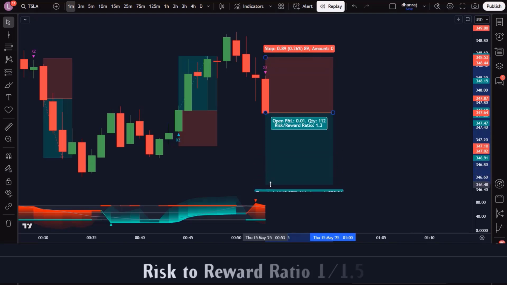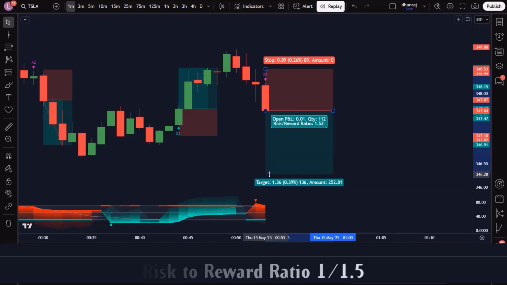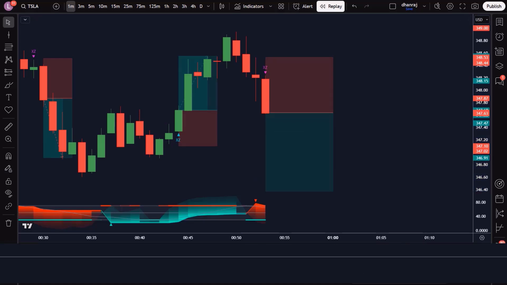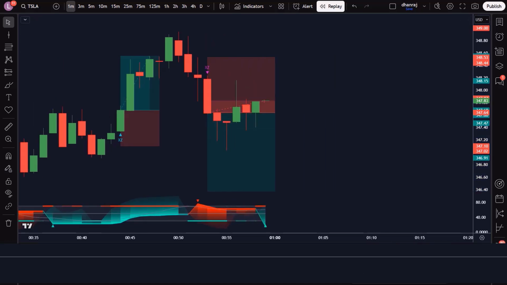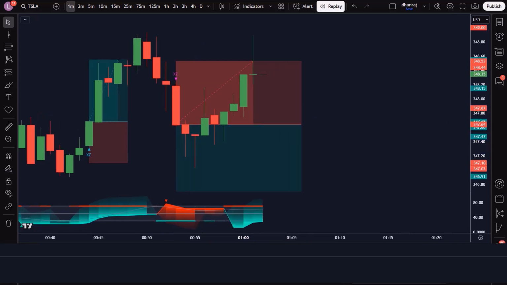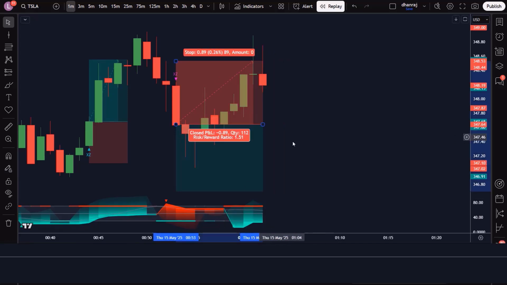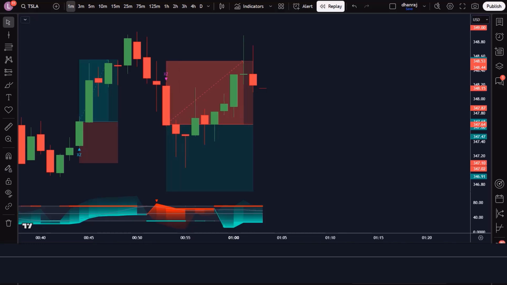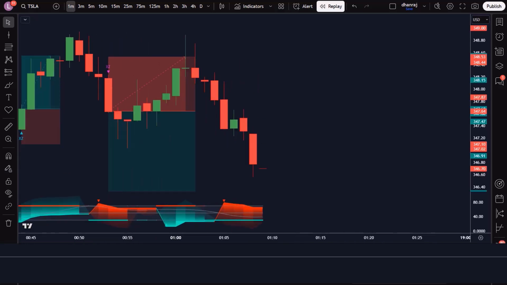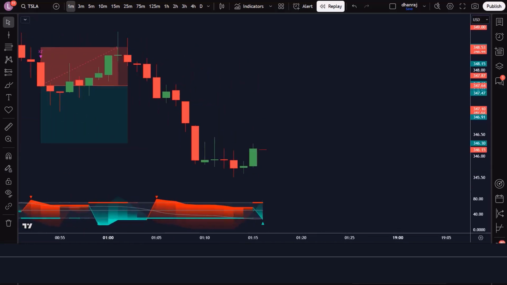And the risk to reward ratio will be 1:1.5. Let's see what happens to our trade. We have lost this trade. Never mind, sometimes it happens in the market. We must remember one thing, that no strategy works 100% in the market. Let's find the next trade.